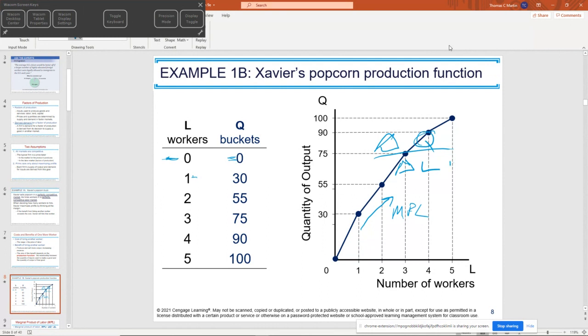These are the inputs. These are outputs. And just like we did with the other marginal, it's between two intervals. In the first interval, we're looking for the change in quantity. It's going to be 30 minus 0 divided by 1 minus 0, which is 30 over 1. And our marginal product of labor is 30.